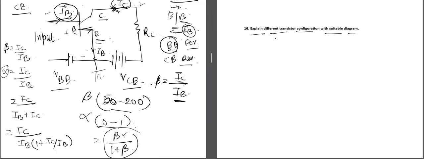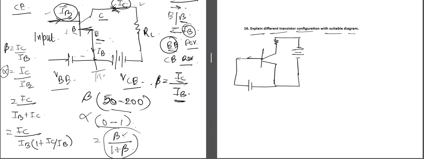Next we will discuss the last configuration, which is our CC configuration, which I am describing on the right hand side. In the CC configuration, the collector terminal is common to both input and output. This is the base terminal, this is the collector terminal, and this is the emitter terminal.